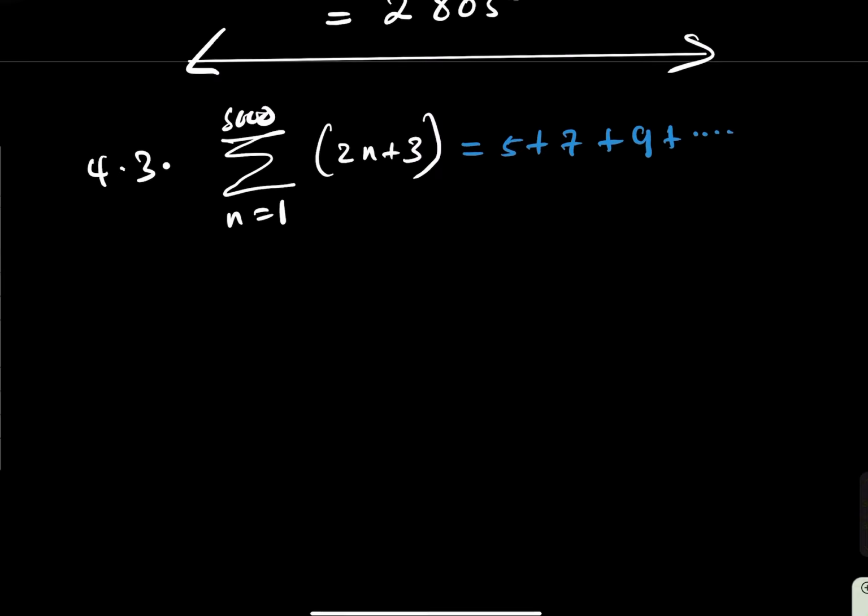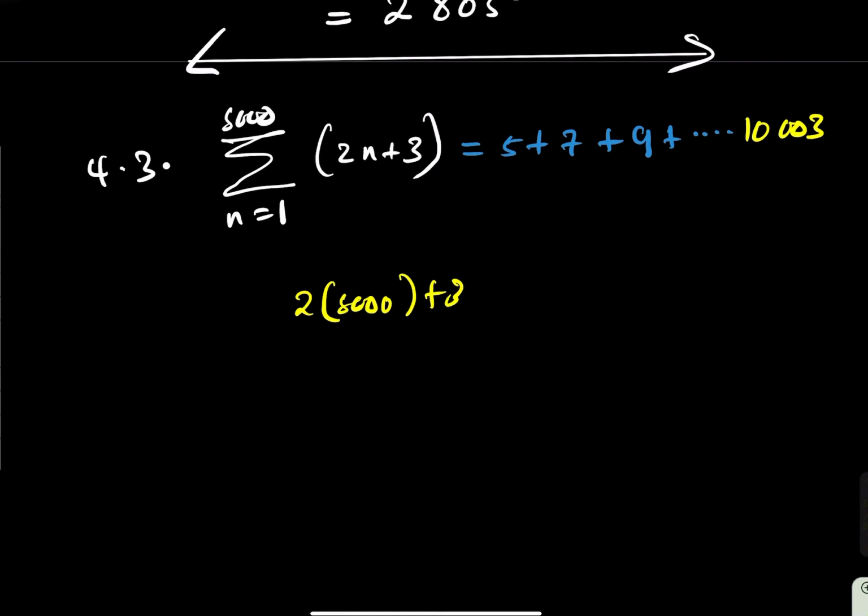They also want the last term. So the last term will be 2n, you put 5,000 there. This is the last term, that is your n. So that is 2 times 5,000, and then you put plus 3. What do you get there? You must really get a very big number. That is 10,000, plus 3. I don't have to even use a calculator. So it's 10,003 there.